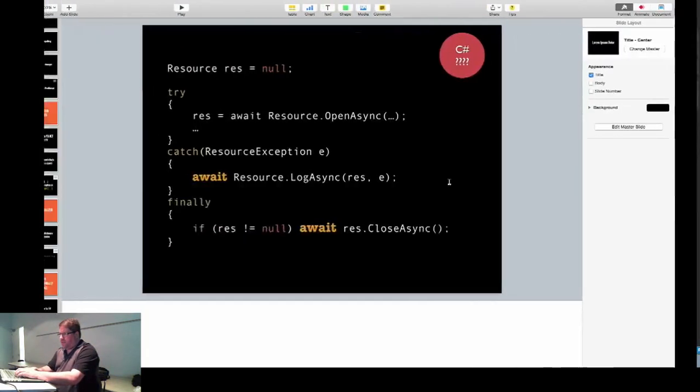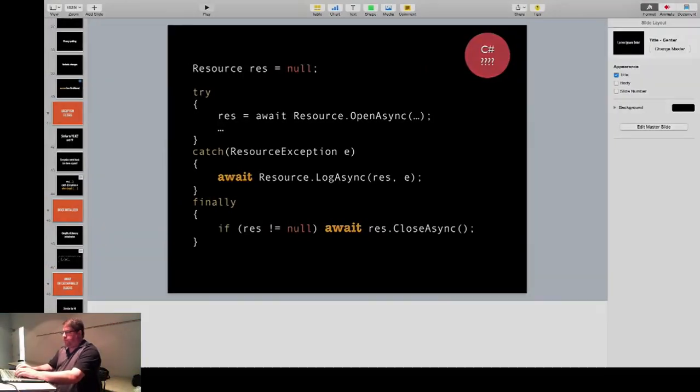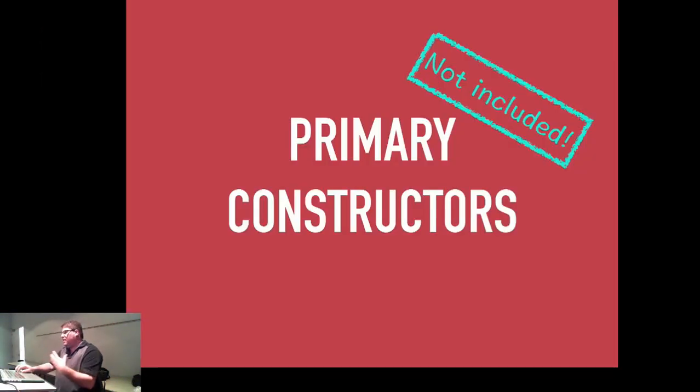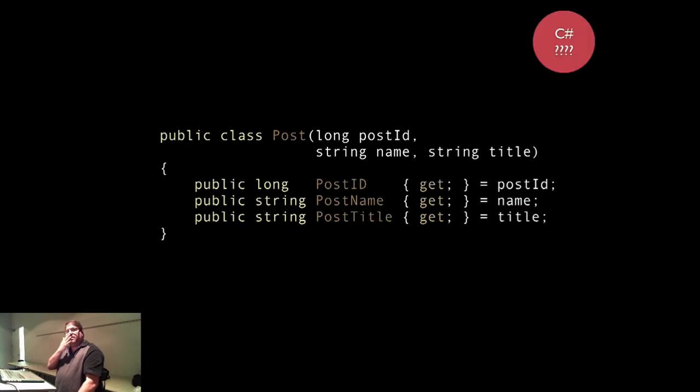And with that, I want to show you a couple of features that are not included, so I don't have tests for that. Primary constructors. The idea of simplifying the constructor declaration. So a constructor could look like this.